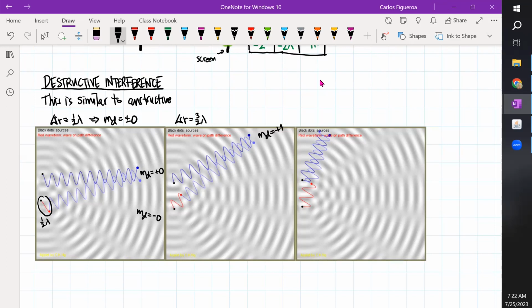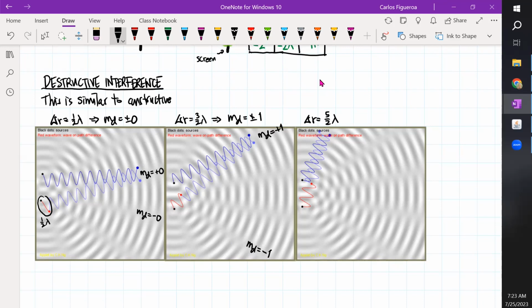And then down here, this is going to be MD equal to minus 1. So you could start to see how the pattern starts to go here. And then over here, we have a path difference of, remember, odd half multiples of the wavelength.